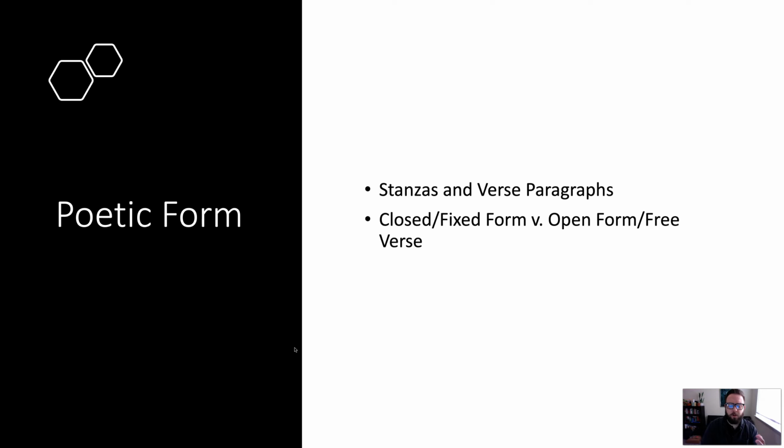Closed or fixed form poems are poems, much like a sonnet, that have a very particular form to them. They've got a set of rules that the poet has to follow. This can be line number, meter or rhythm, rhyme scheme, stanza orientation, the list goes on. For instance, a sonnet is a poem that always has 14 lines.